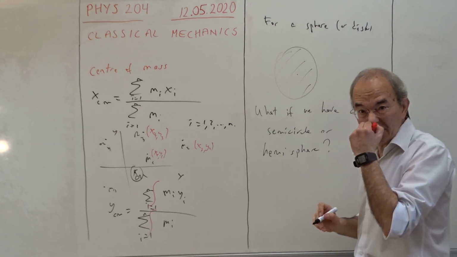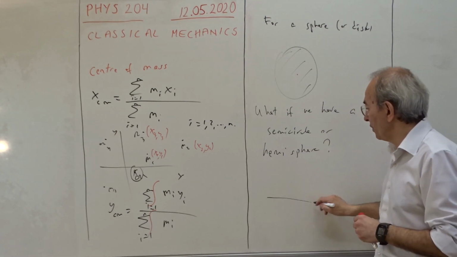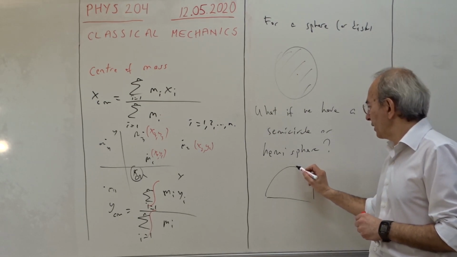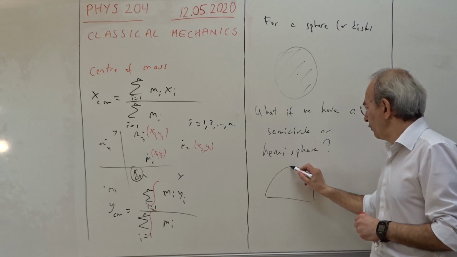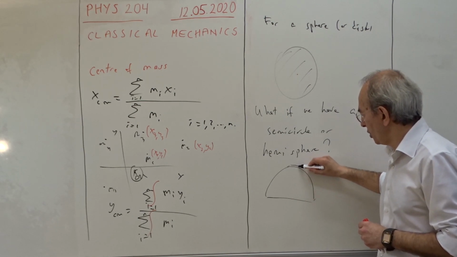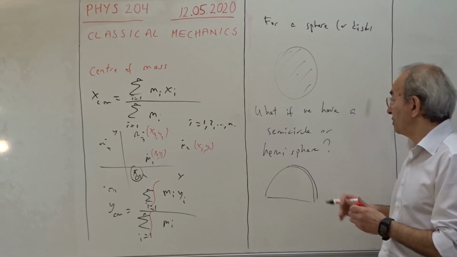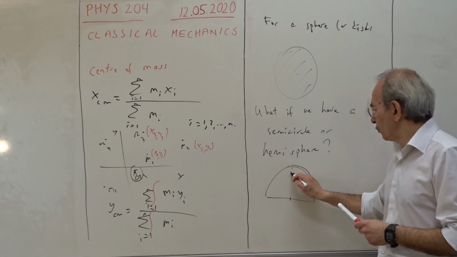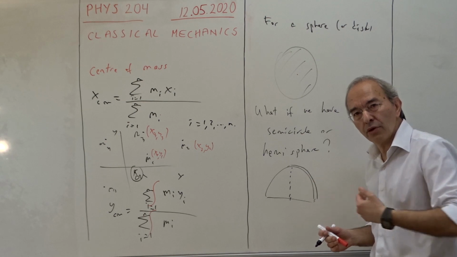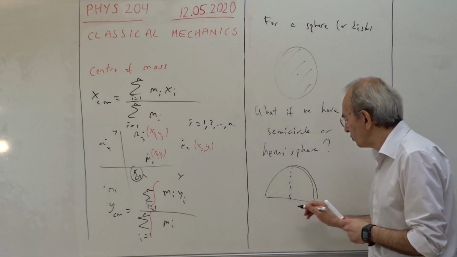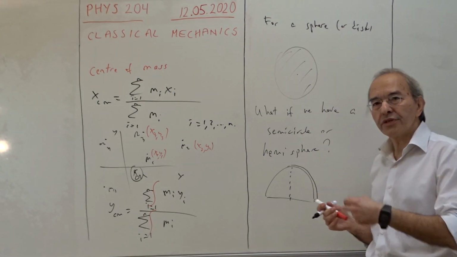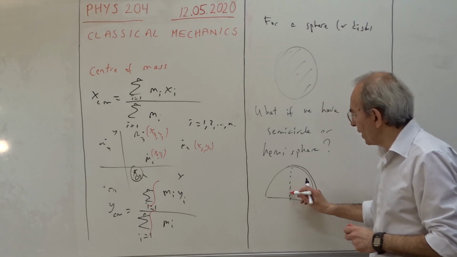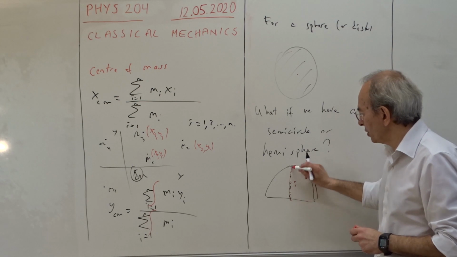Because in those cases, for example, we have a semicircle. It is like half of a disc, for instance. So this is the shape. So it is half of a disc, and of course it is expected from the horizontal symmetry to be somewhere along this dashed-dotted line. But exactly where? At which position along this radius?